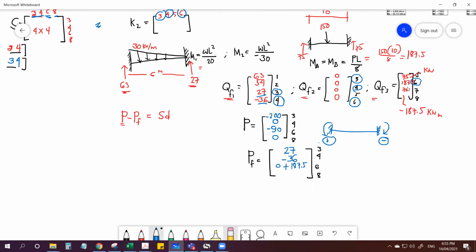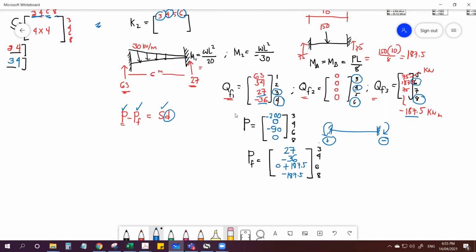And finally, QF corresponding to 8 is negative 187.5. Okay, so we now know the P vector and the PF vector, S will follow, and we can now find the displacement vector.